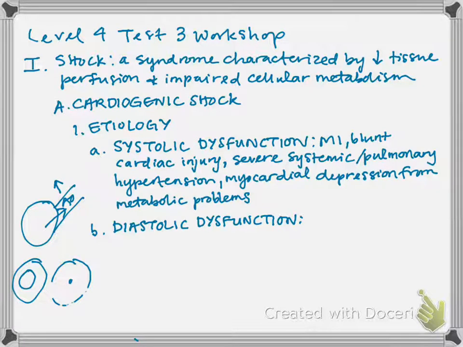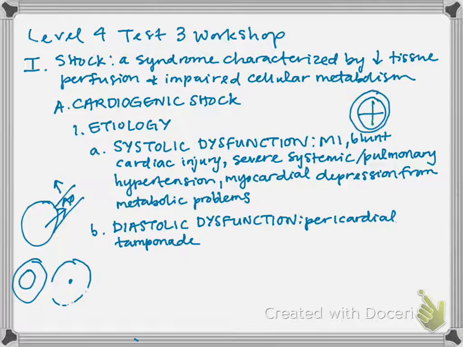We could have a problem with a pericardial tamponade. Have you guys studied that yet? So you have so much fluid in the pericardial space, which is that layer around the heart. Pretend this is your heart. This pericardial sac should only have about 10 to 15 mils of fluid in it.